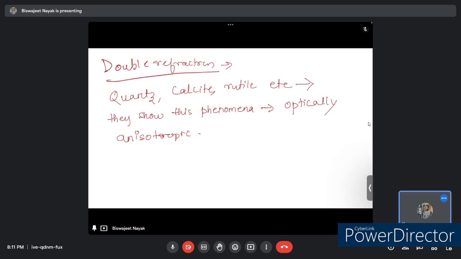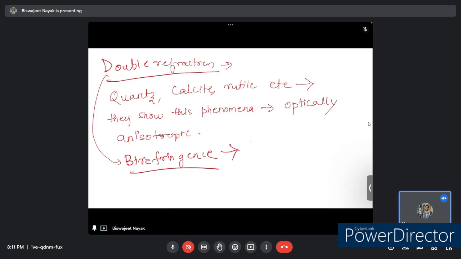This phenomenon is also termed birefringence. What does this mean, or why does this phenomenon occur?